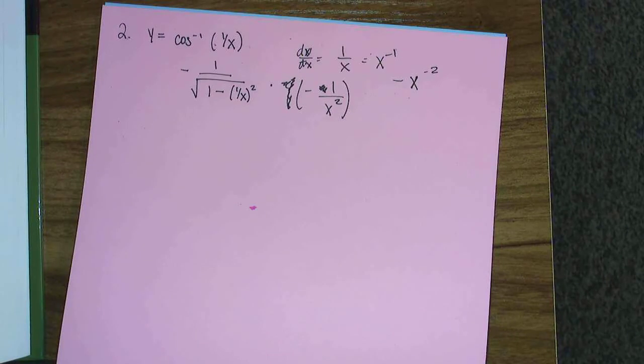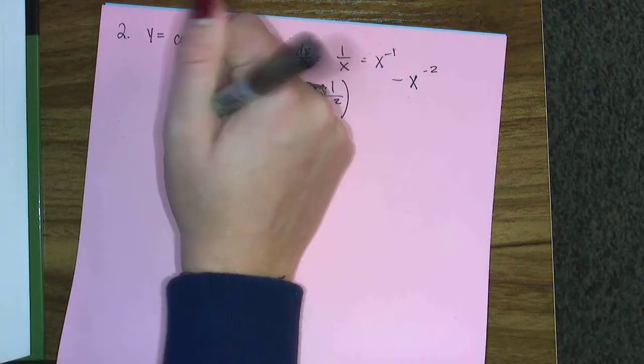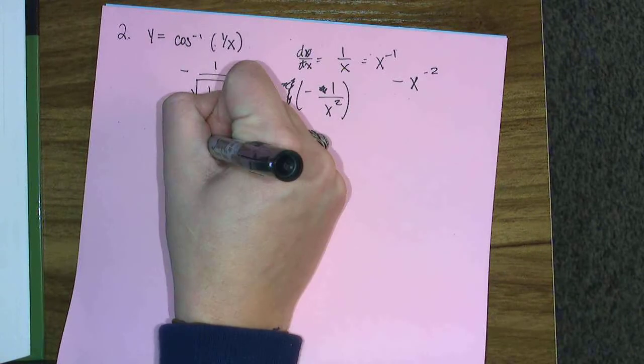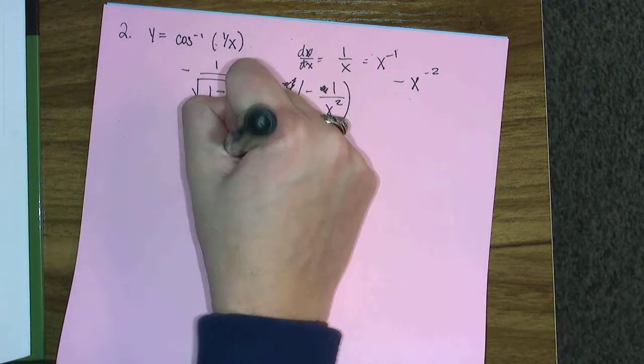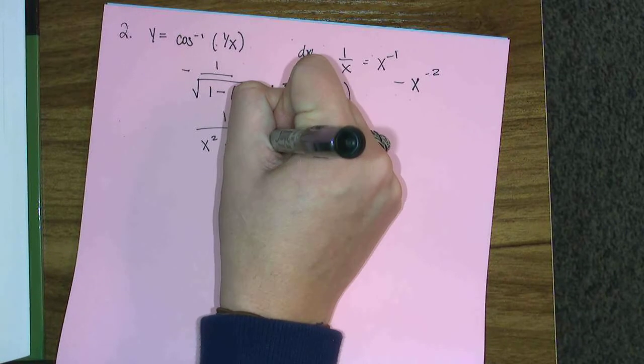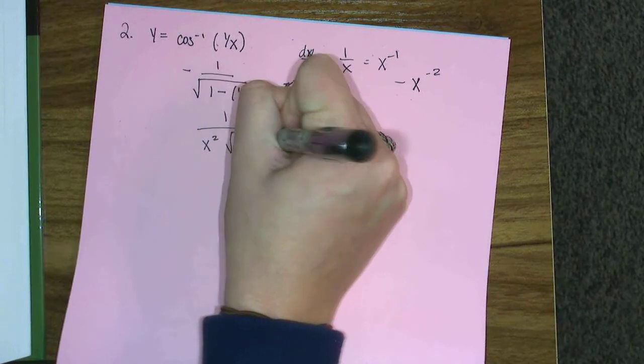So this becomes positive, so you get 1 over x squared times the square root of 1 minus, well, here I'm just going to do this, 1 over x squared.